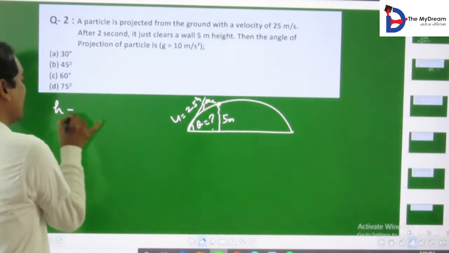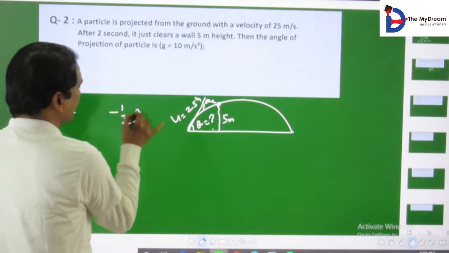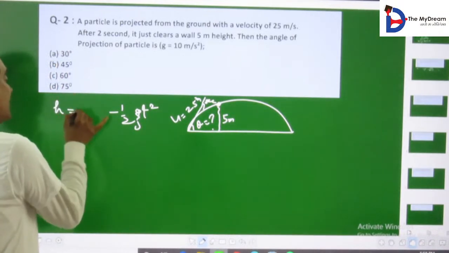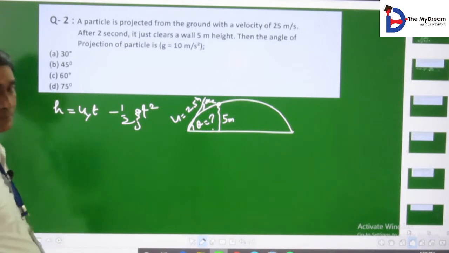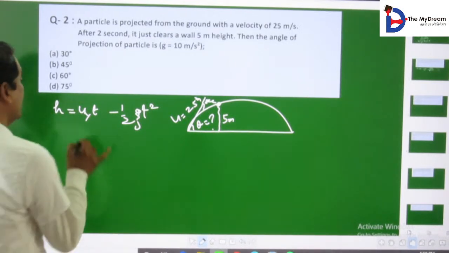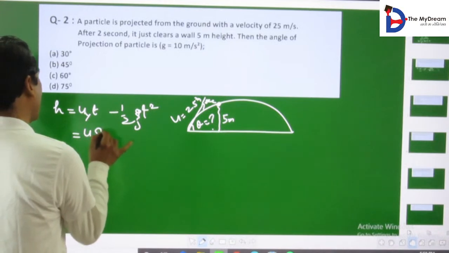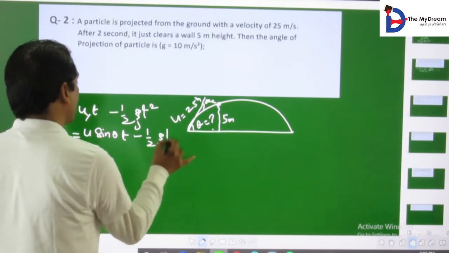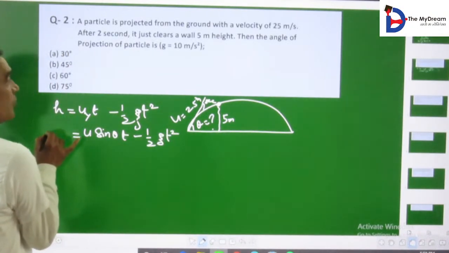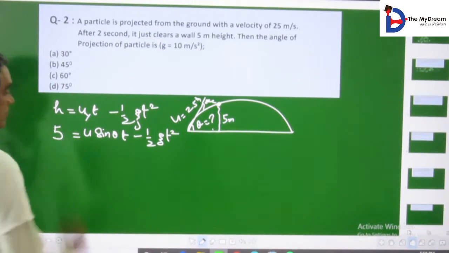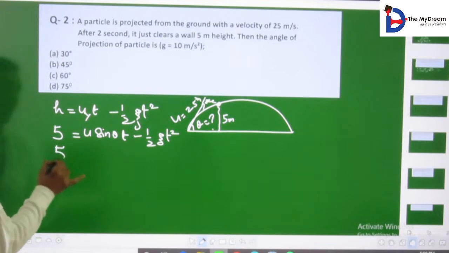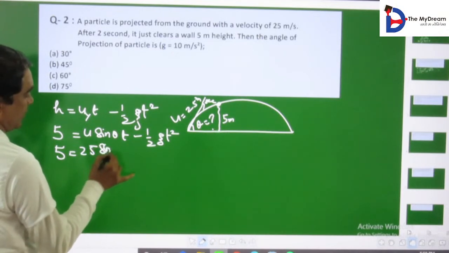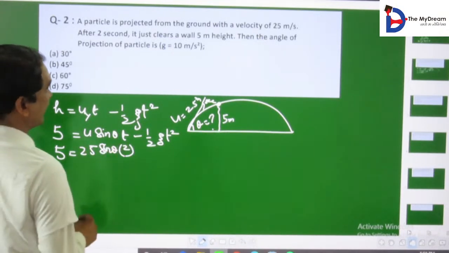So h is equal to, the body is being thrown upwards, against gravity. What is the height due to? I told you, U, that is U sin theta. The height is 5 meters. The projection velocity given to you is 25. You want to know the angle of projection. It takes 2 seconds.